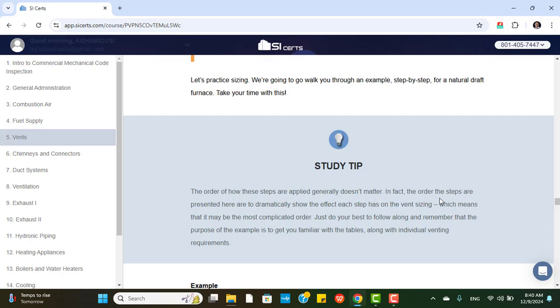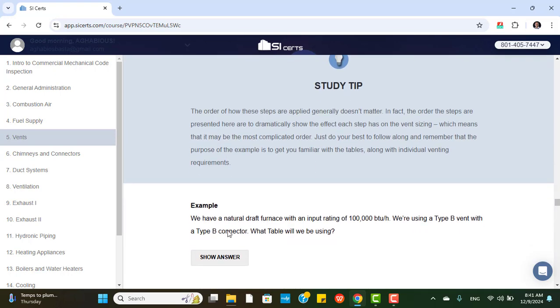In fact, the order the steps are presented here is to dramatically show the effect each step has on the vent sizing, which means that it may be the most complicated order. Just do your best to follow along, and remember that the purpose of the example is to get you familiar with the table along with individual venting requirements.